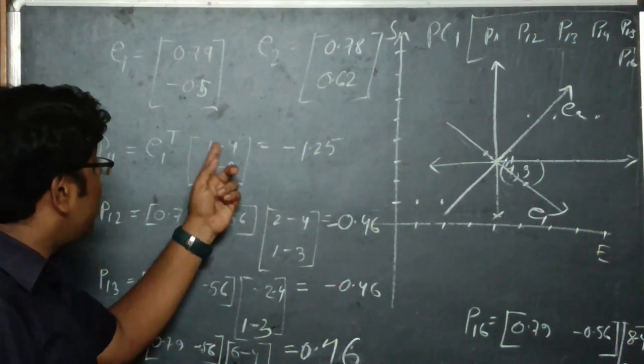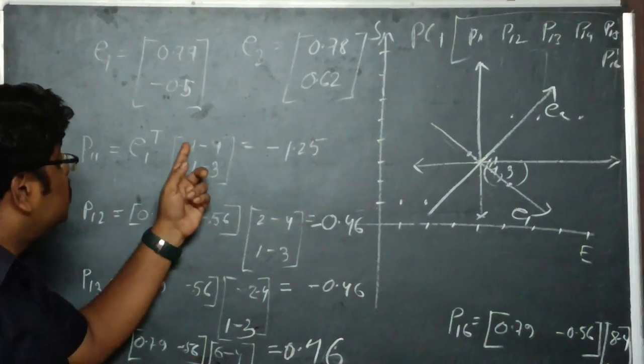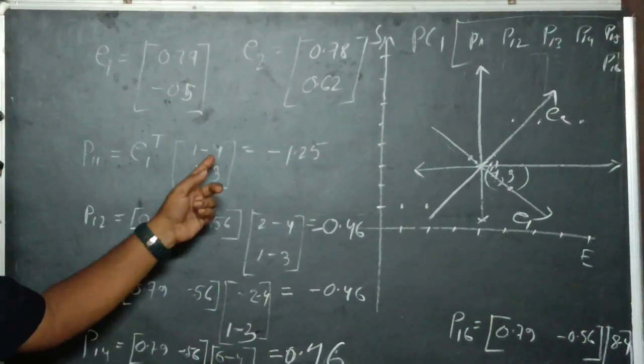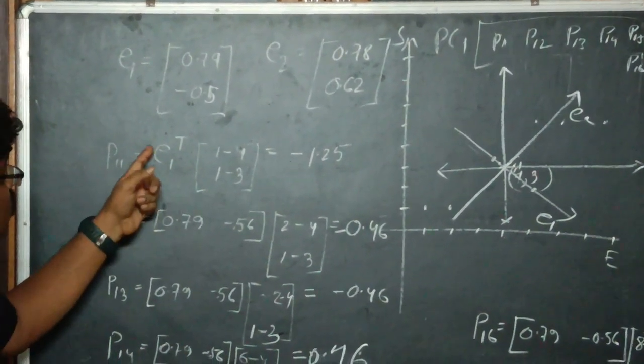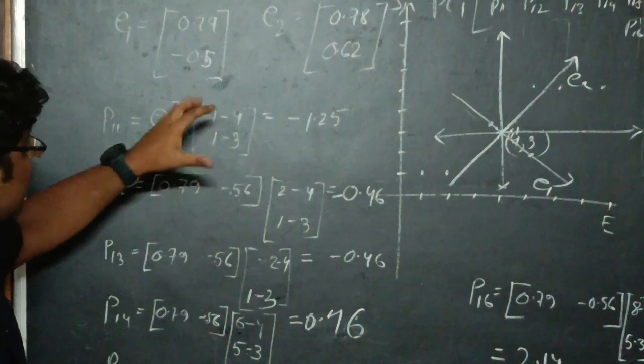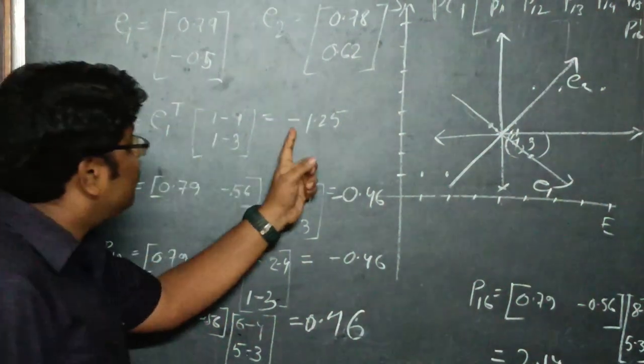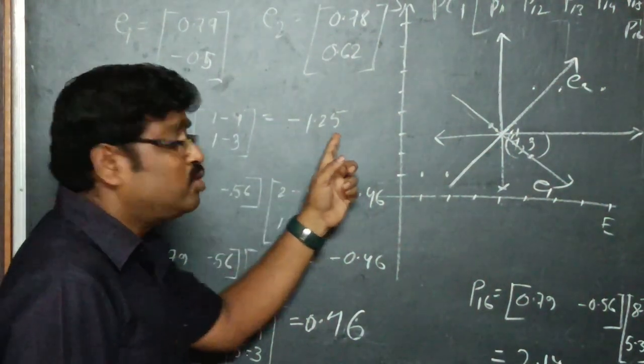So we have to subtract the means from their corresponding values, and after taking the transpose and making the calculation, we have the value minus 1.25.